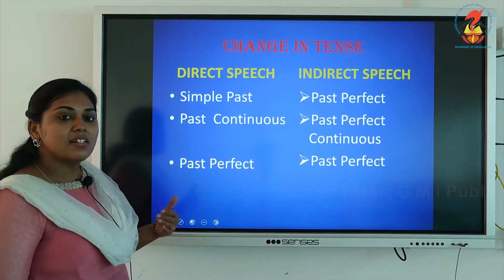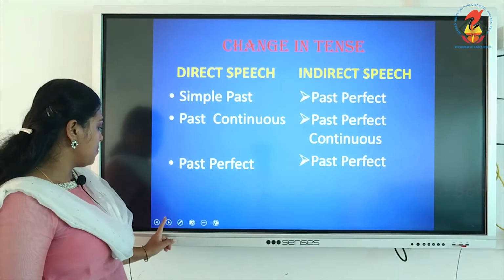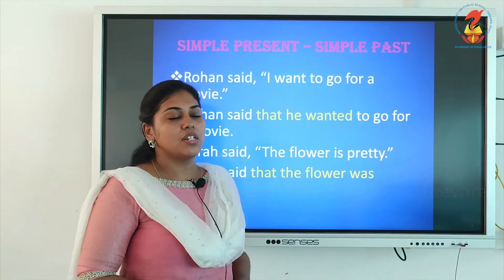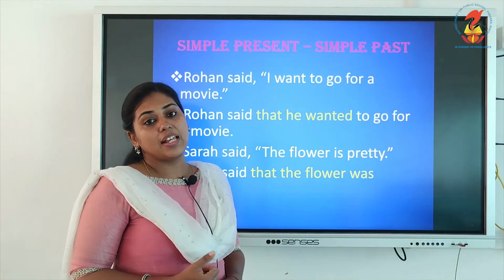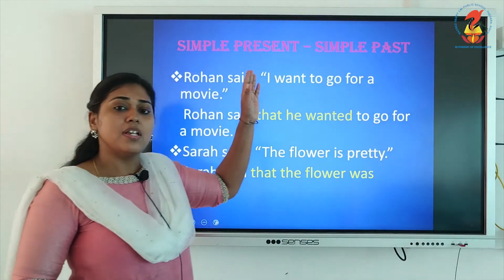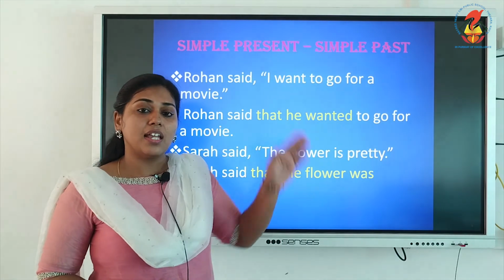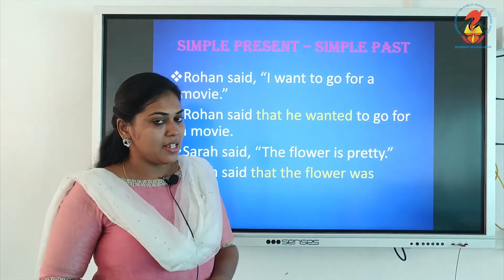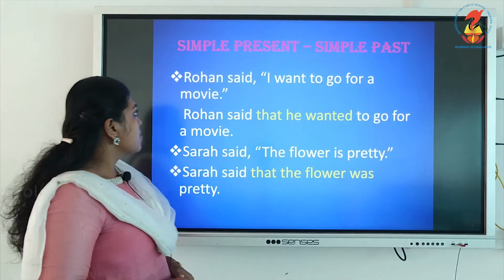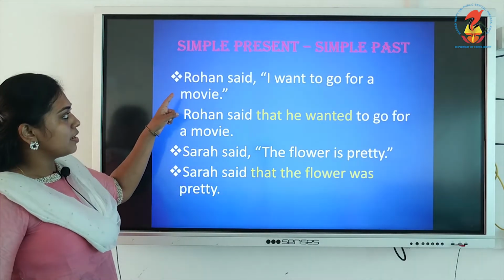Now let's learn it with examples. This was only a rough figure I have given you. Now let's look at it in detail with the examples. Now we saw that if the tense in the dialogue is simple present, then we have to change it into simple past. So let's look at the example.